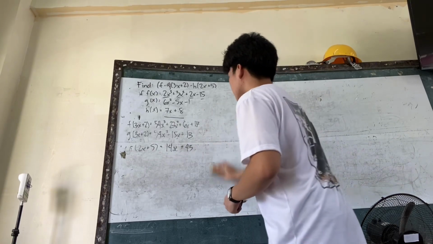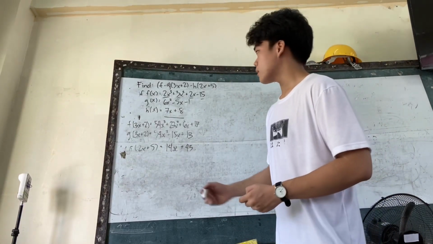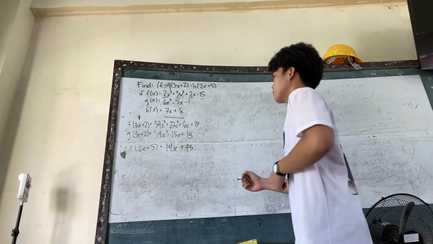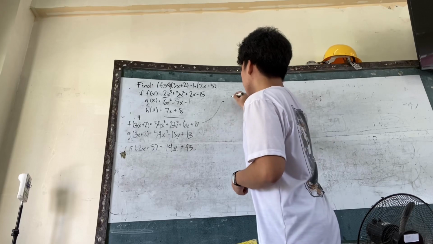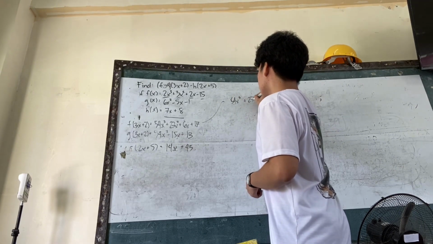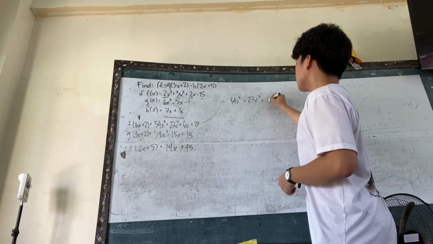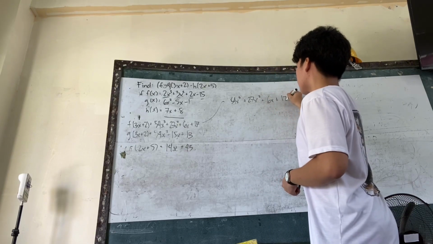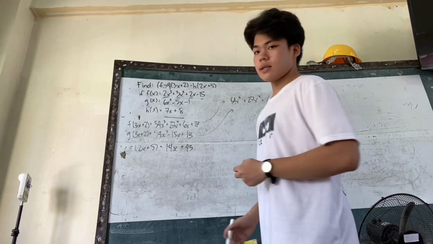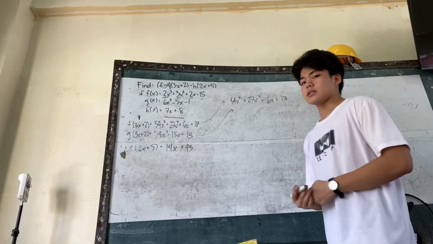We are done here. We are going to perform the operation for f minus g, which is subtraction. Copy 54x³ plus 27x² plus 6x plus 17. We are going to copy this also, the value of g(x), and change all the signs into their opposite signs.